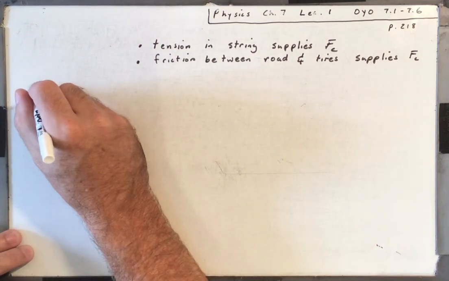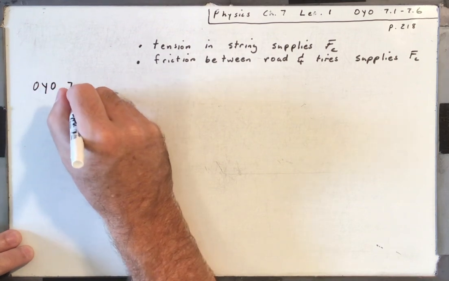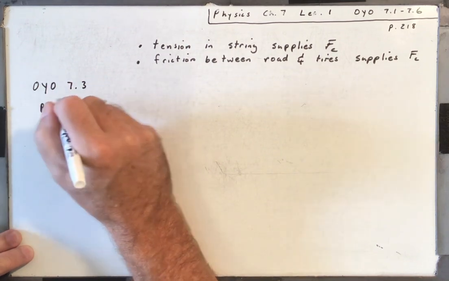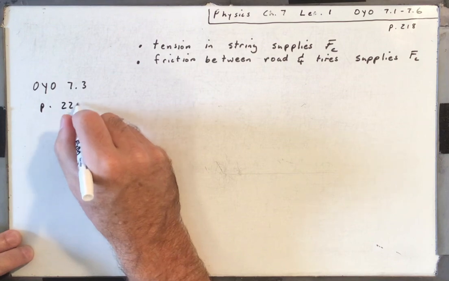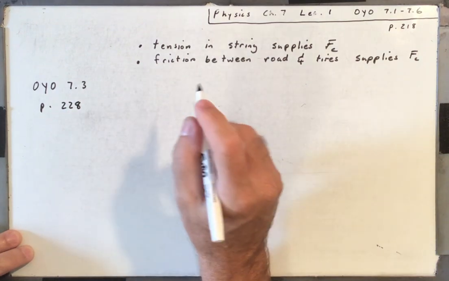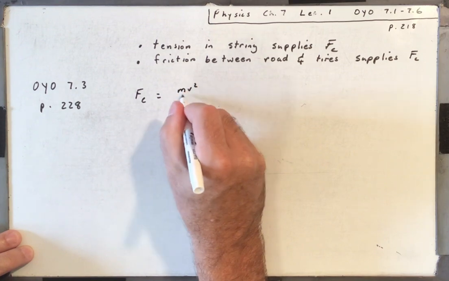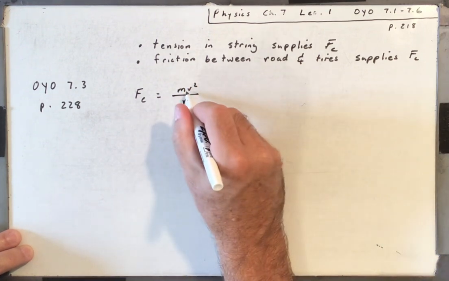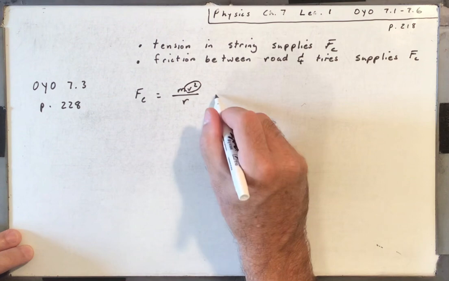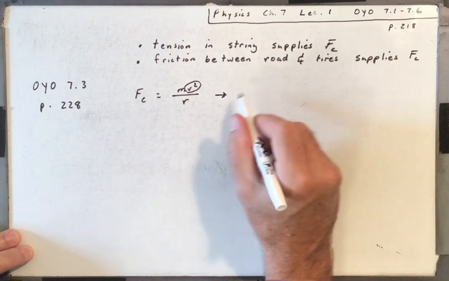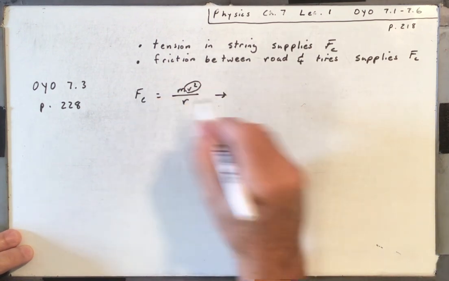Okay, so on your own 7.3 on page 228, we have F sub c is equal to mv squared over r. We want to solve for v squared. So we're going to multiply both sides by r.